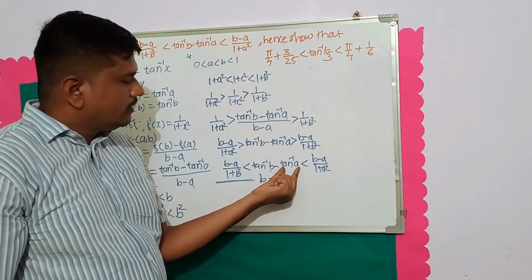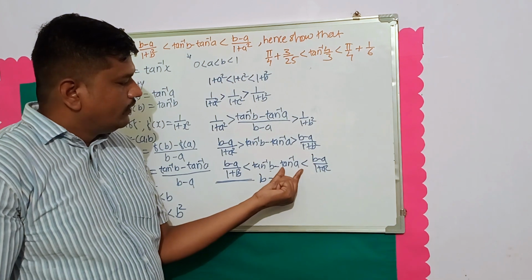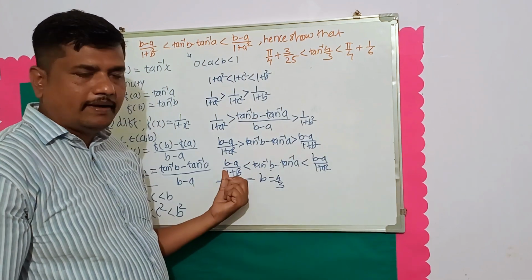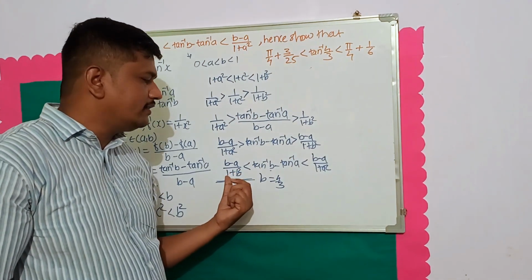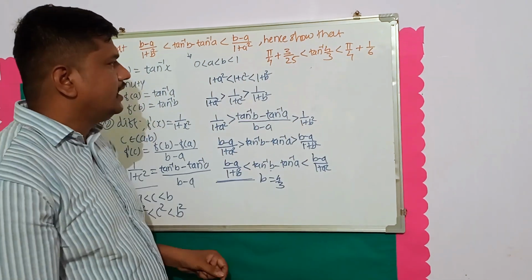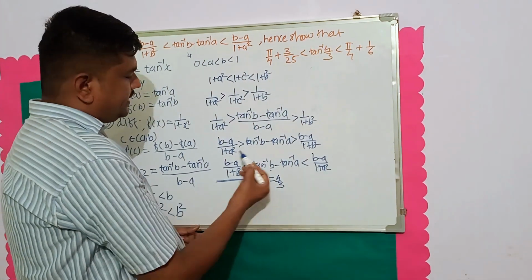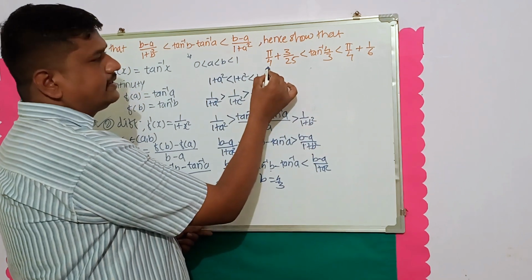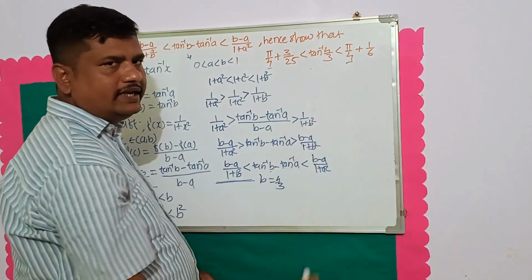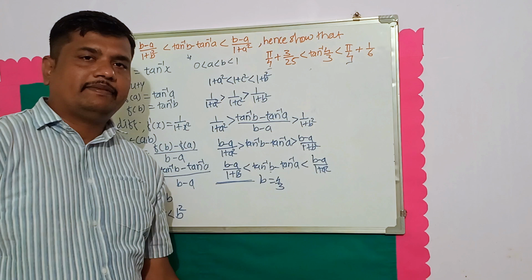Now this tan inverse of A is minus here, which after multiplying, if I multiply tan inverse of A throughout this inequality, then it will be positive on this and this side. So here clearly I can see pi by 4 is added on both sides. What is pi by 4?